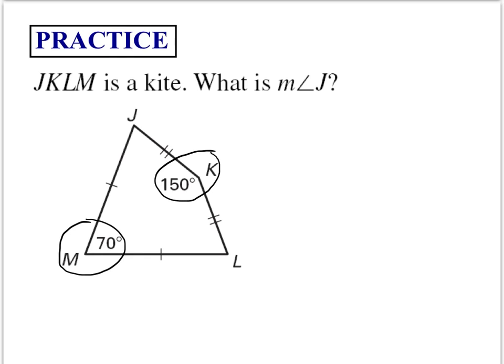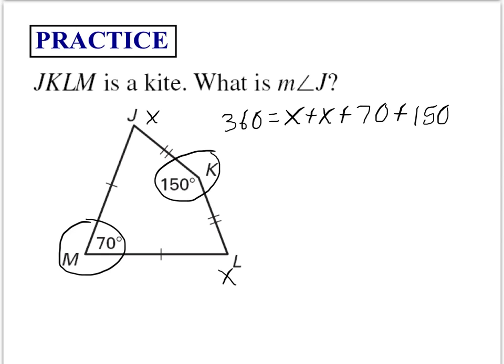So we know that J and L have to be congruent. So we can say these are both x. Then once again, we know that the sum of the interior angles of a quadrilateral needs to add up to 360 degrees. So we add up our x plus 70 plus 150. And we just simply solve for x.